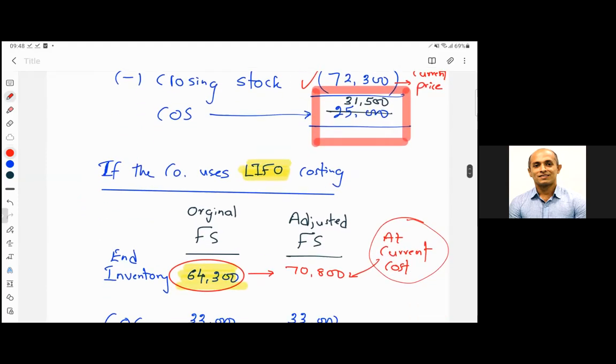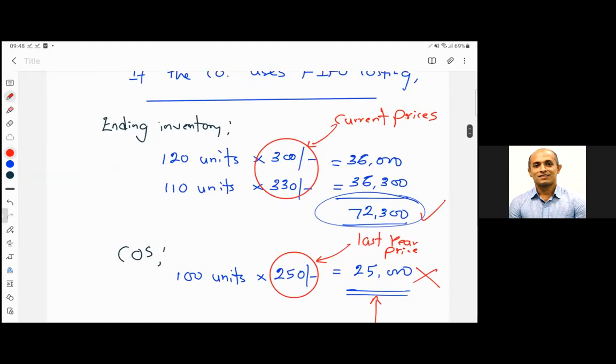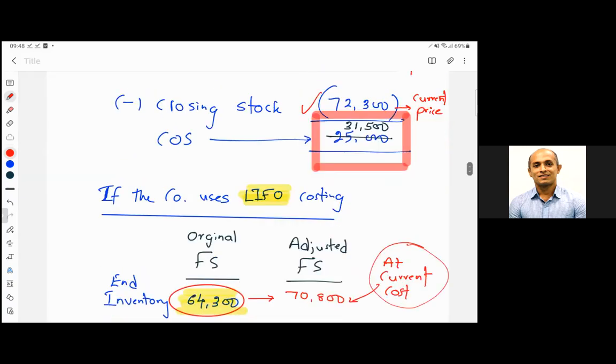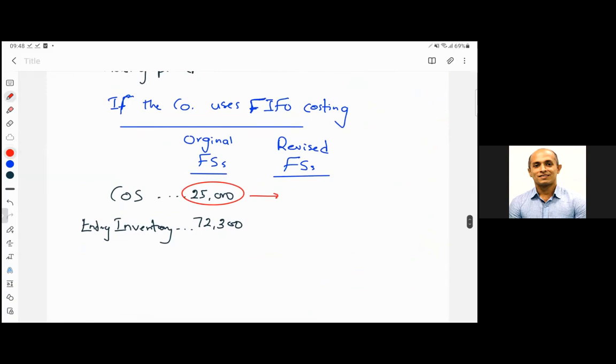We have adjusted the opening stock value. After the adjustment, cost of sales is $31,500. This is more approximate to current cost.